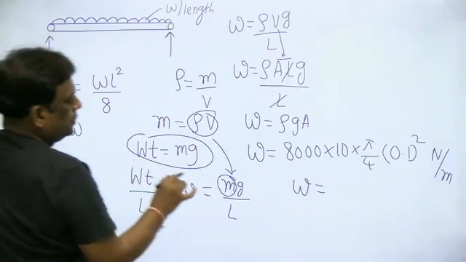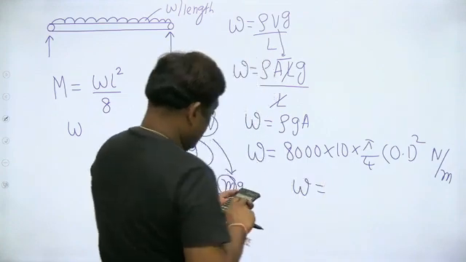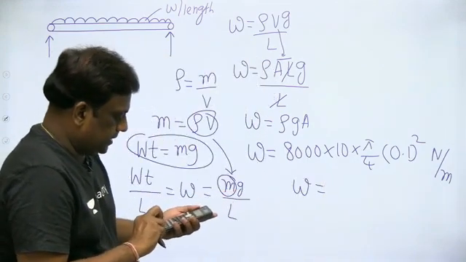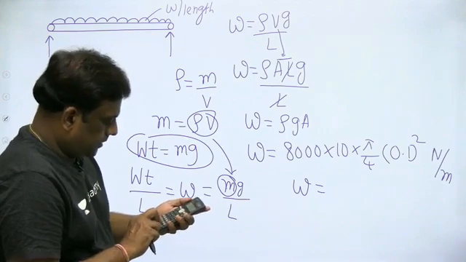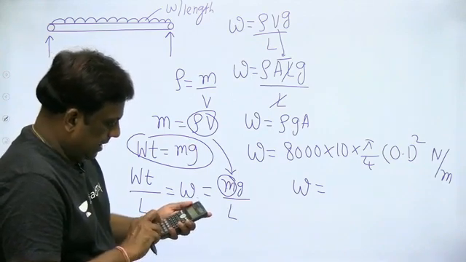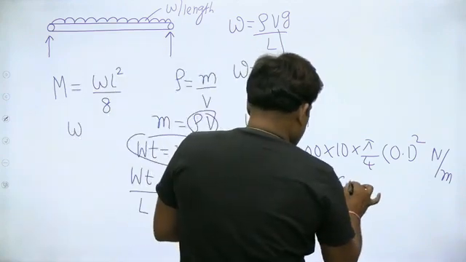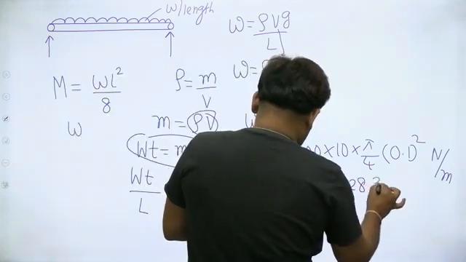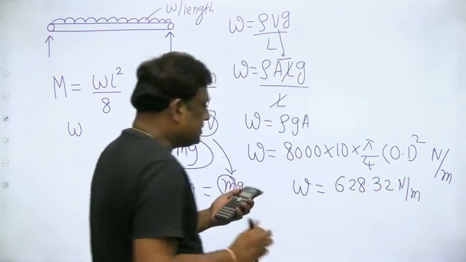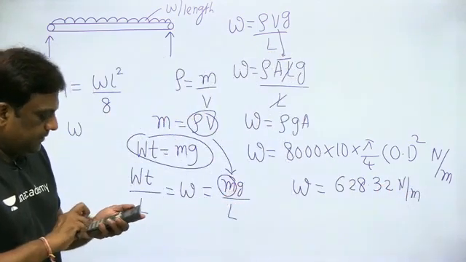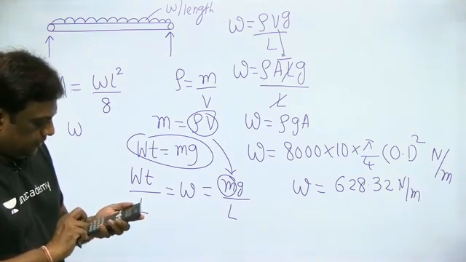Okay, so 8,000 into 10 into pi into 0.01 by 4, and this will be 628.32 Newton per meter. This is w per unit length. Okay, no problem at all.